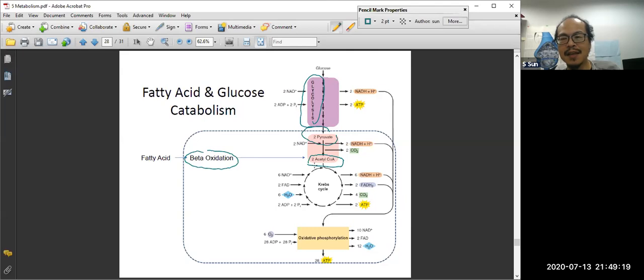Acetyl-CoA is their common end product in a way. So they all are converted to acetyl-CoA. Then acetyl-CoA will go through the same process, the citric acid cycle, to be used in our mitochondria.